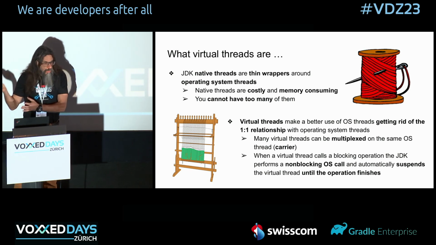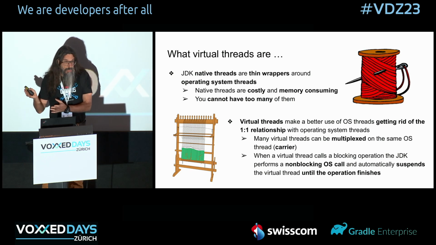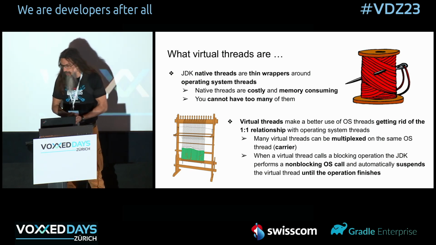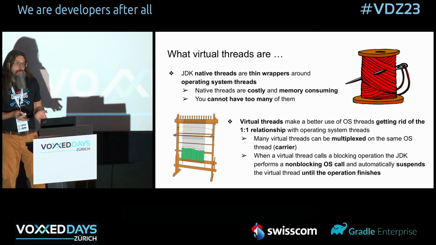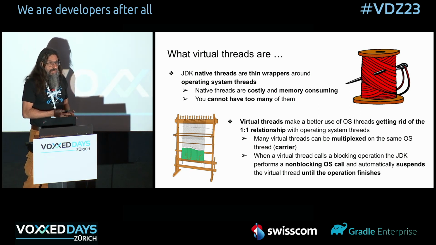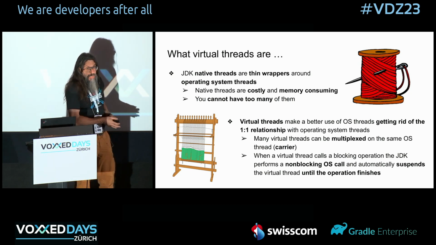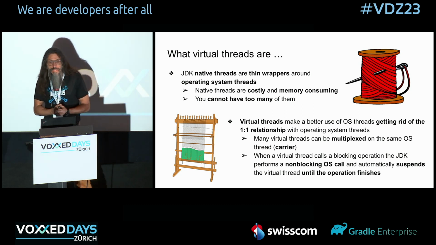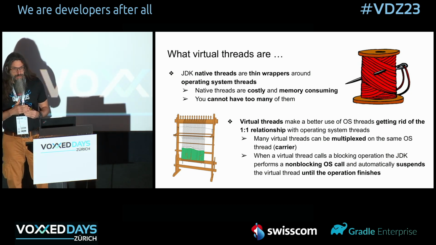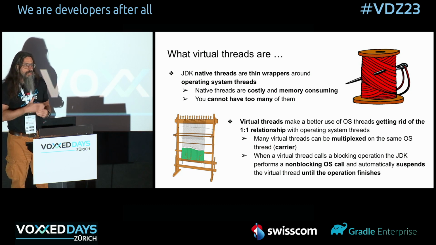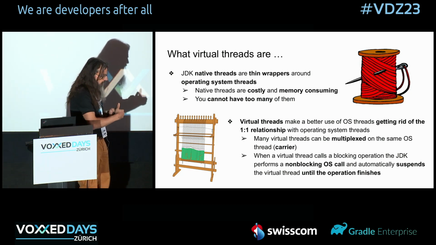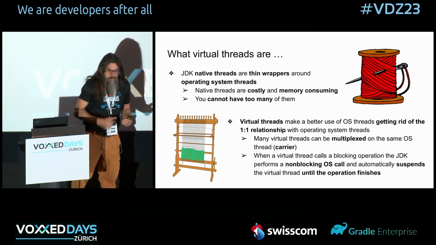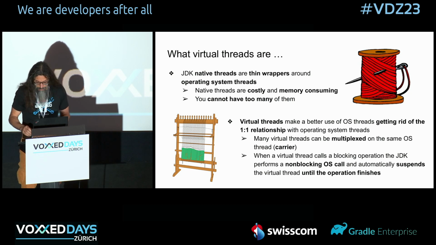And then when the blocking operation is terminated, the virtual thread is waking up and can be reallocated on the carrier. That cannot be the same carrier. I mean, it can be, but very likely, and we will see this in more detail later, the carrier thread where the virtual thread will be reallocated is different from the one when it went to sleep.